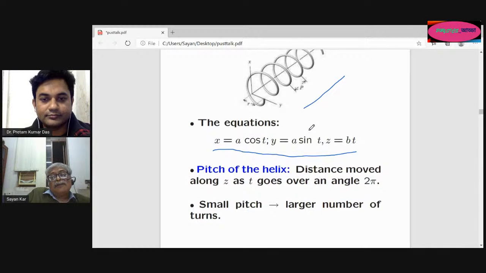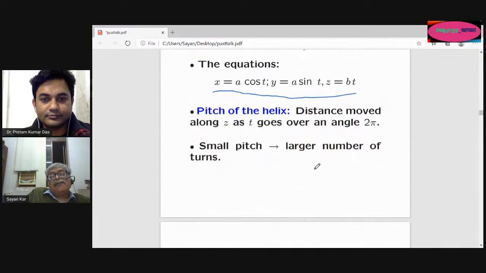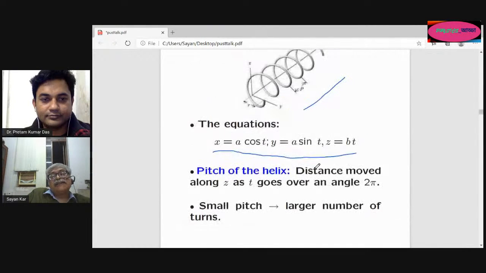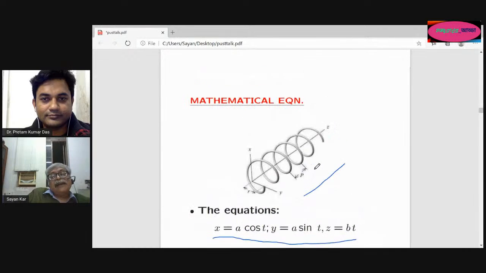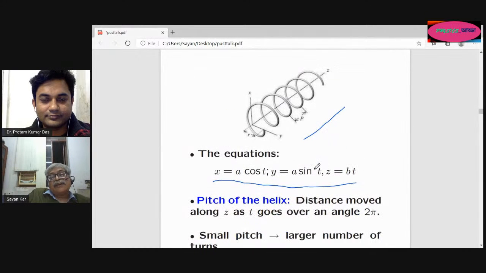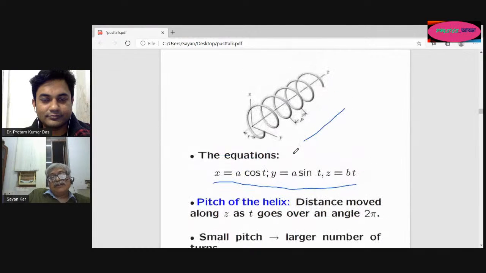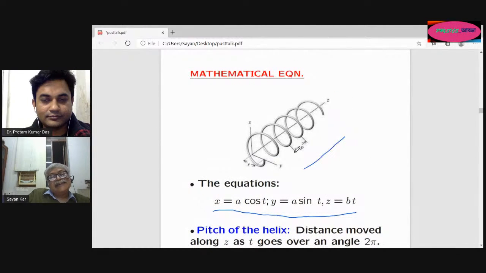So if you have a small pitch, then you could have a larger number of turns in the spring. And depending on your choice of the various quantities like A and B, you could actually figure out the geometry of the helix and use mathematics to understand the geometry of a spring.